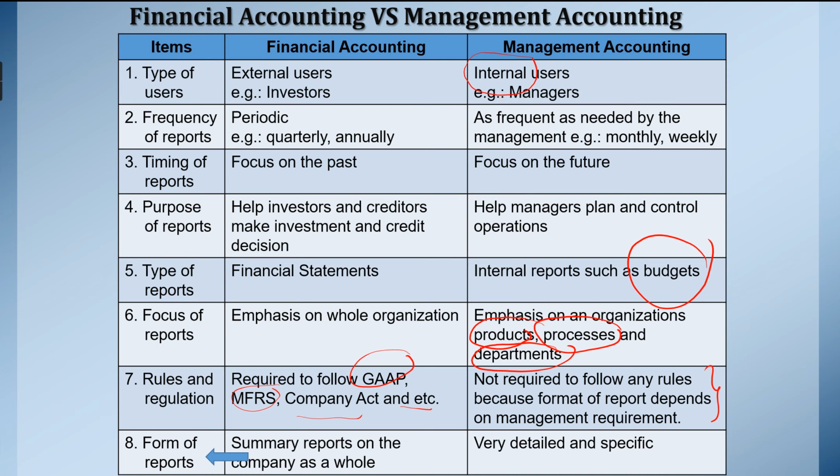Okay, tapi in ME, the report will be very detailed and specific. Okay, sebab kita nak buat keputusan untuk sesuatu produk ataupun sesuatu pengeluaran pada masa akan datang. So you need to be specific in order to persuade or to provide the management information so that they are able to make decision. Okay, alright.